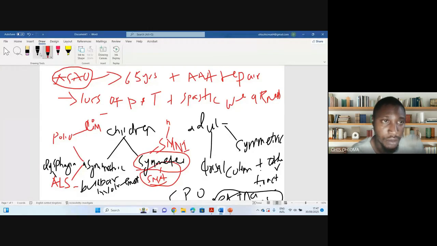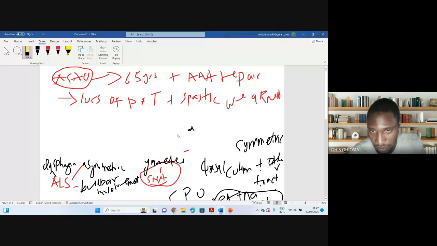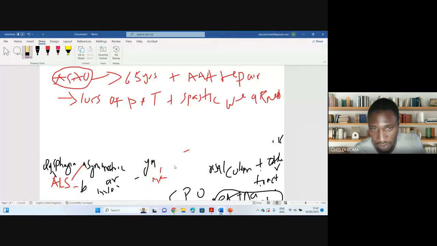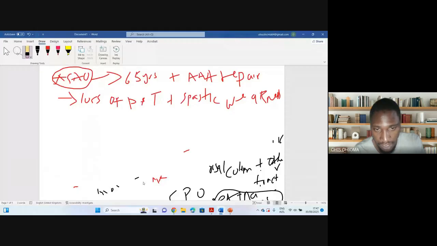Why? Because the spinal cord has blood supply to it. So let me draw something for you guys so you can see. Let's say this is the spinal cord going down.